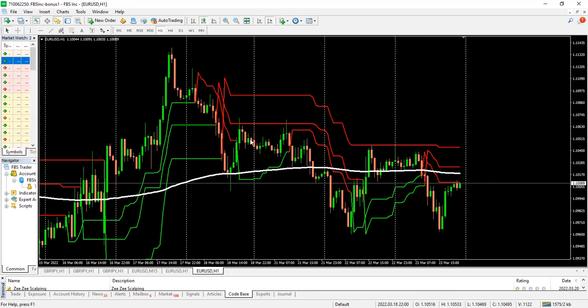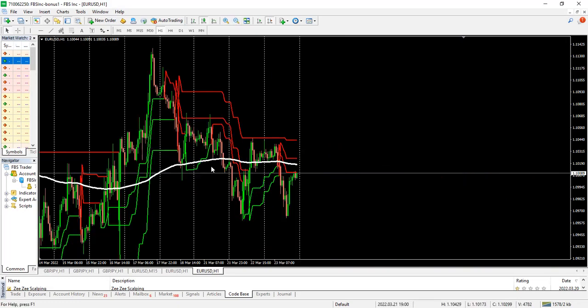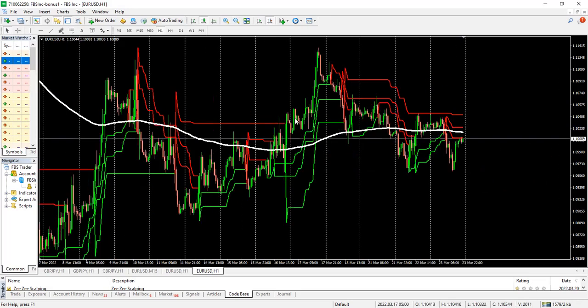All right, let me show a typical setup here. For example, look at this place. We can see that the candlesticks are in between the super trend indicators, but on this candlestick, it broke out above, and all the super trend indicators are showing green, green, green.